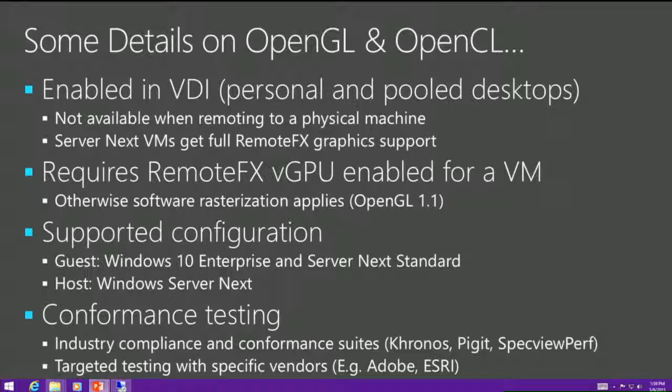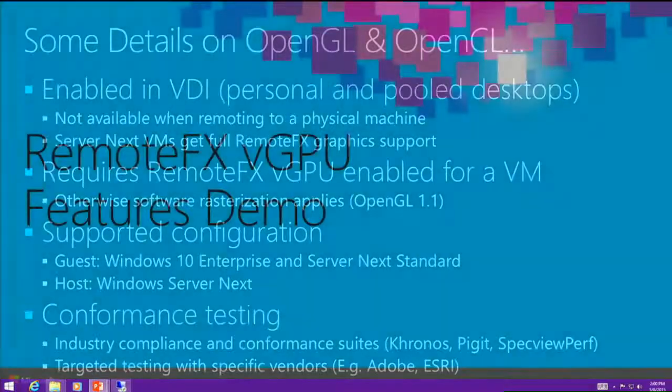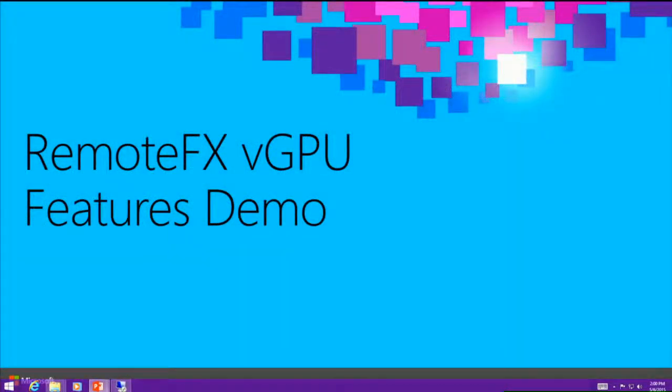SPECviewperf especially is a tool that once we get closer to releasing, we'll have numbers on how we perform, native as opposed to virtual. Right now, we're seeing very, very good results, almost above 75%, 80% for some of the tests. So it's almost as good as native. And then we're also doing targeted testing with specific vendors for specific classes of applications. Okay. So for now, we'll jump into a demo.